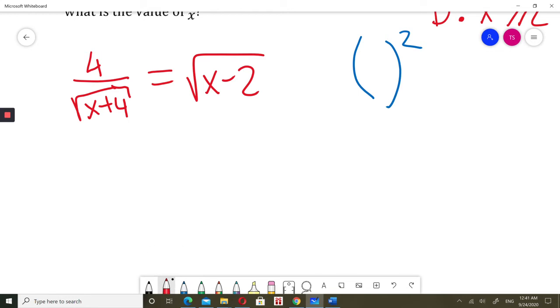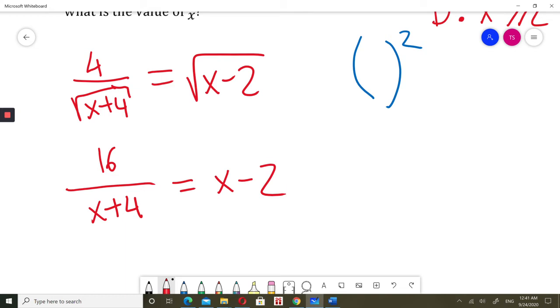When I square the left side, I'll get in the numerator 4 squared, straight away 16. In the denominator, square root squared, the opposite of square root is square, so this will be just x plus 4. And on the right side, square root squared, so this will be just x minus 2.